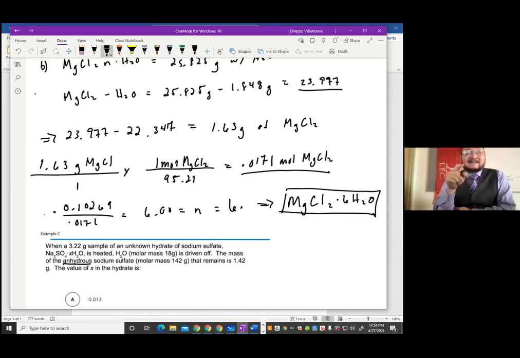What is the value of X in the hydrate? It's asking you to find this, right? So if the sample was 3.22 grams to begin with, and we lost 1.42 grams of water, then we just subtract.